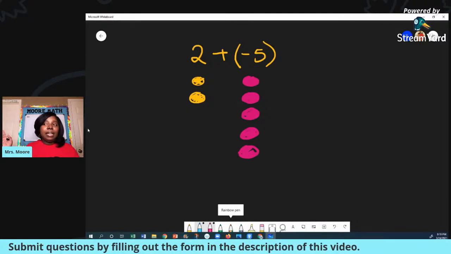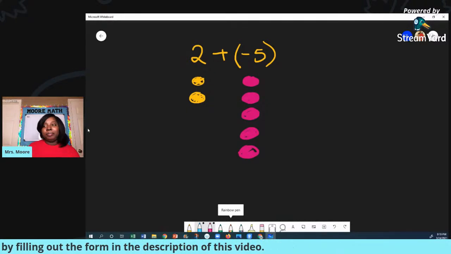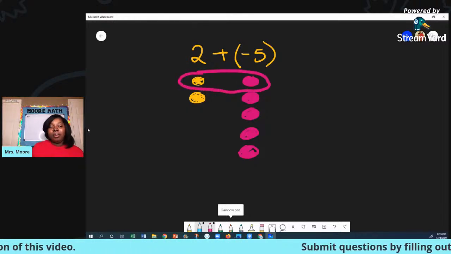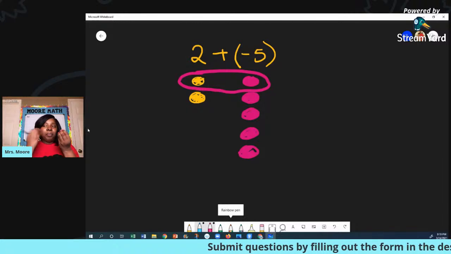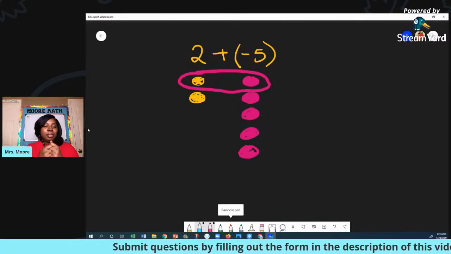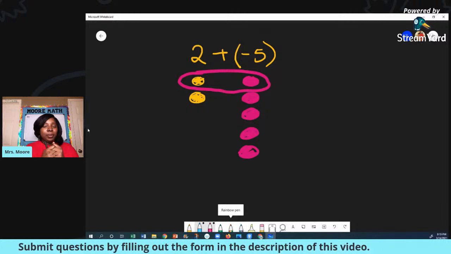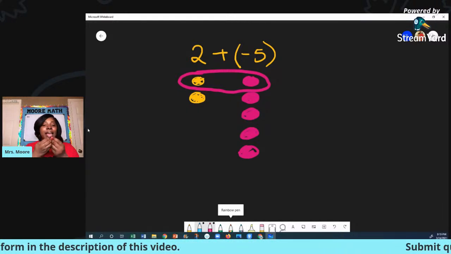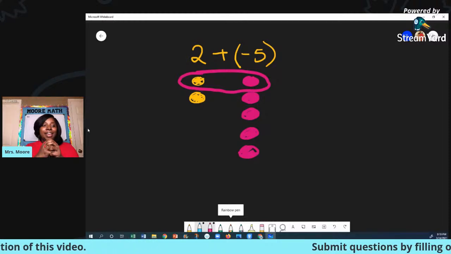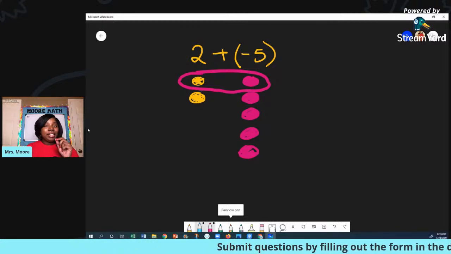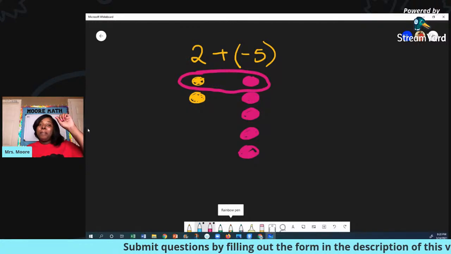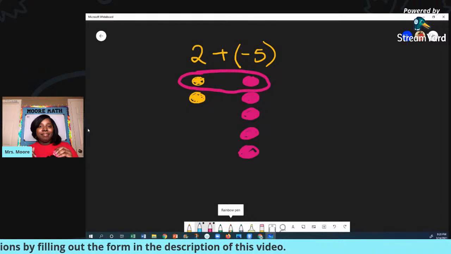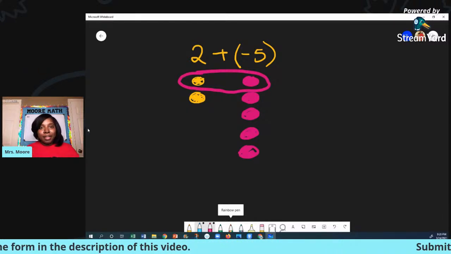If I were to add these together, a positive and a negative, 1 positive chip and 1 negative chip, if I put them together, what does that equal? They cancel each other out. Think about it this way: if I go up the elevator 1 floor and go down 1 floor, I'm still at 0.